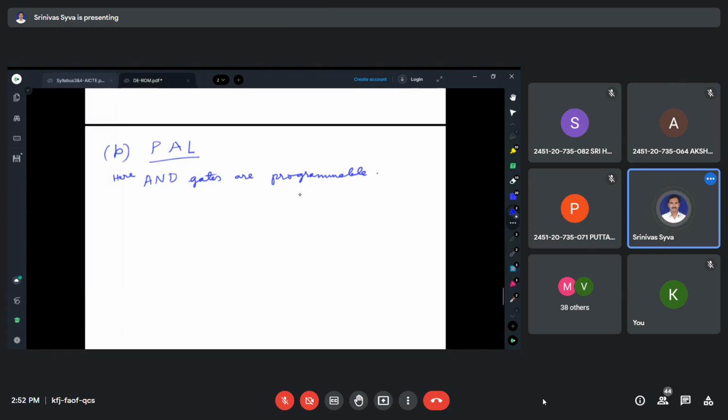That means full decoding of the input variables is not provided.